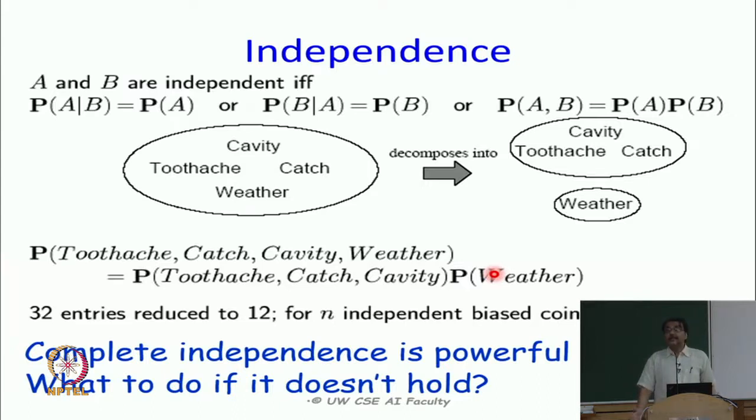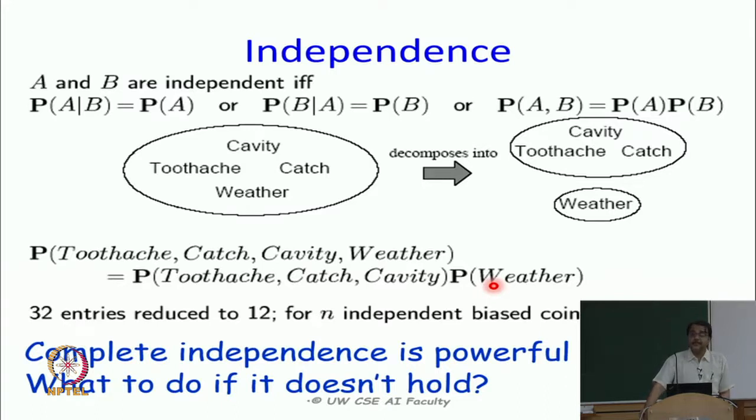And because they are independent, toothache, catch, cavity given weather is going to be toothache, catch, cavity, weather does not matter. And this is called factorization. I can factorize the original joint distribution into two factors. One factor is weather and one factor is toothache, catch, cavity.